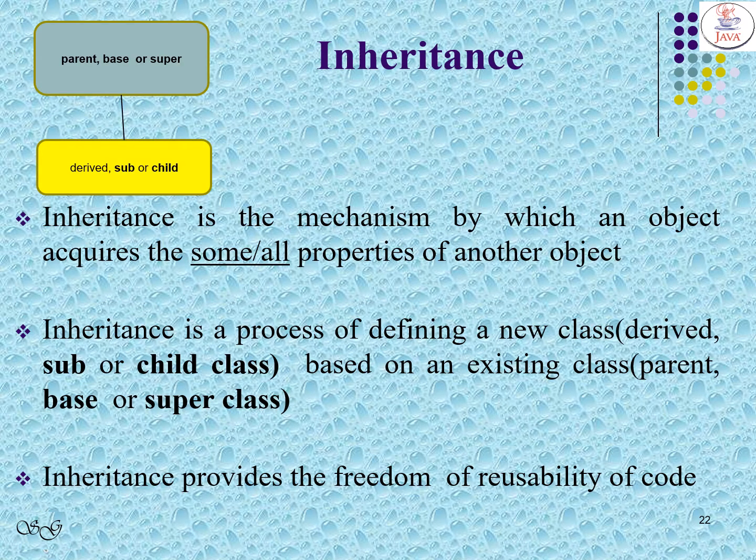Now, we will learn another important feature of object-oriented programming, that is inheritance. Here, learners are introduced to the basics of inheritance. It is a mechanism by which an object acquires some or all properties of another object. It is a process of defining a new class based on an existing class.